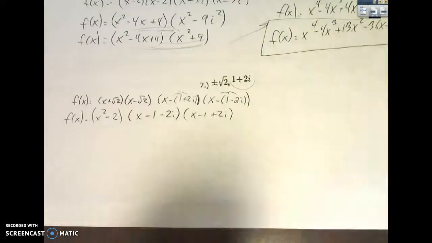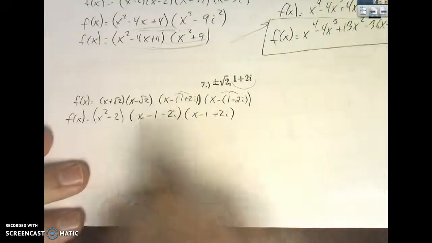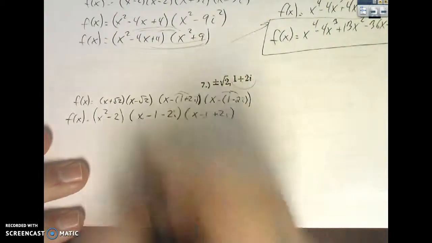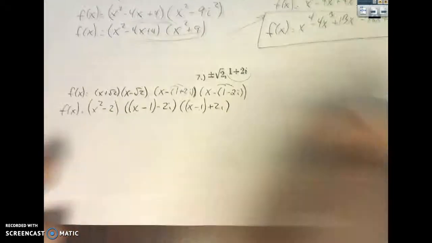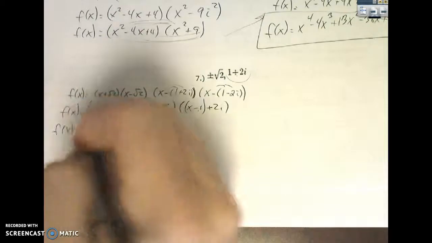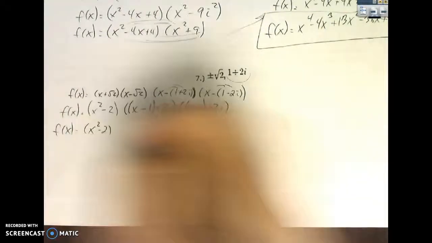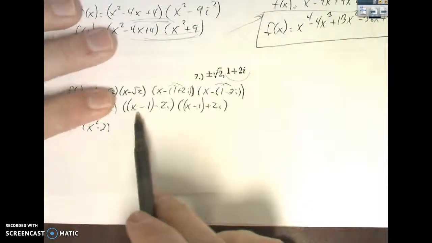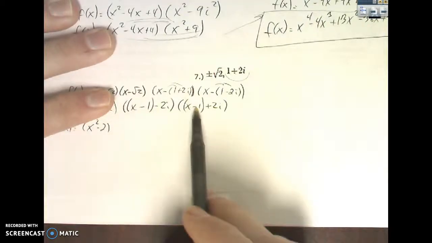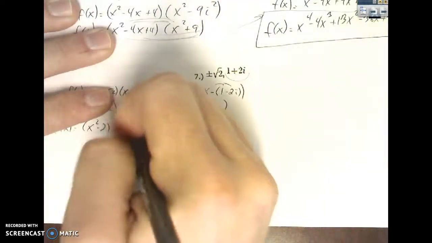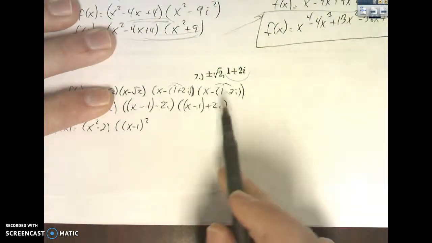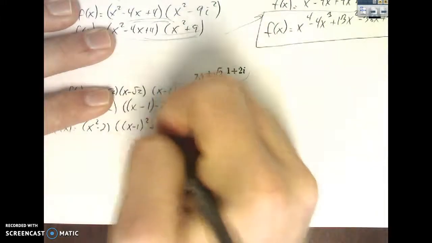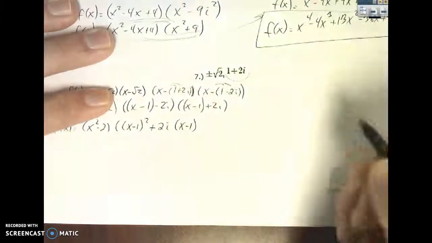And what we're going to do next is a little trick that makes your life way easier. Can you see how I have the x minus 1, same for both of them? We're going to throw an extra pair of parentheses around it. Okay? Watch what happens next. The x squared minus 2 stays the same. When I FOIL this, x minus 1 times x minus 1 is x minus 1 squared. X minus 1 times 2i is plus 2i times x minus 1.